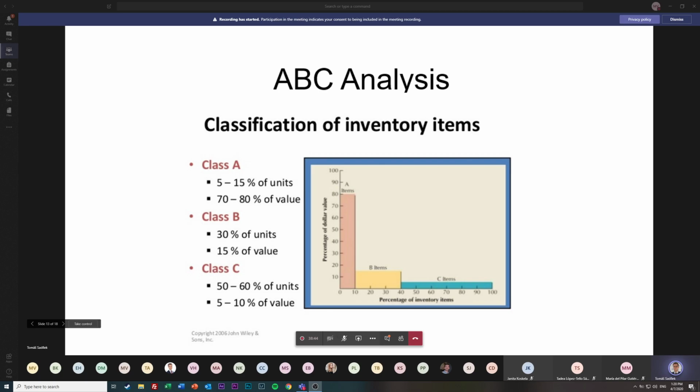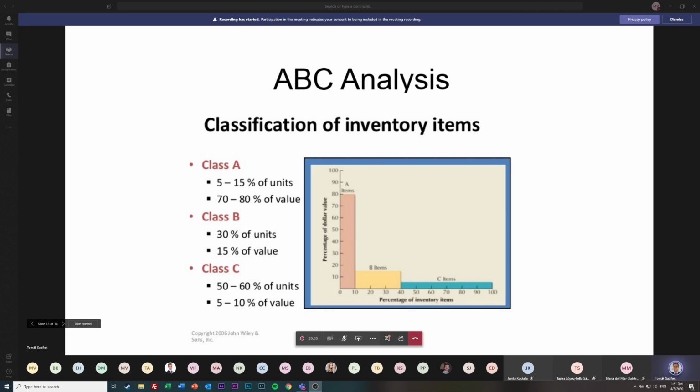The ABC analysis is based on the 80-20 rule. We expect that 20% of some inputs will influence 80% of some outputs. In the case of the ABC analysis, we expect that a low number of units takes a high share of the overall value allocated in these units. We are speaking about the units of inventory.